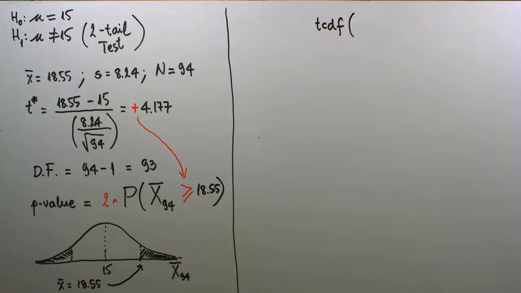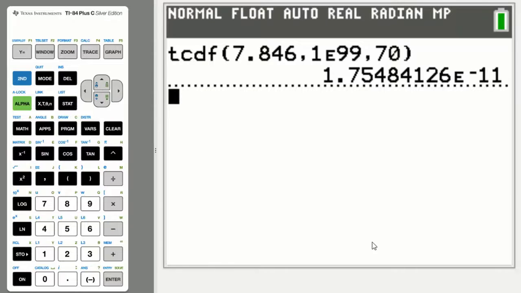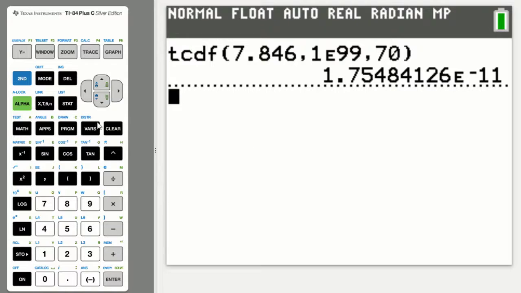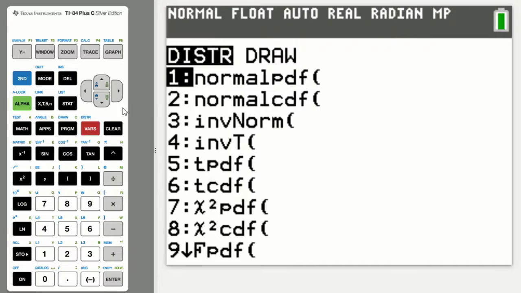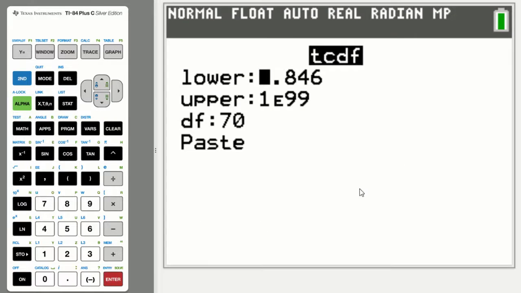And on my calculator right here, which is the most recent release of the TI-84 calculator, we can go second, variables, scroll down to tcdf, hit enter.